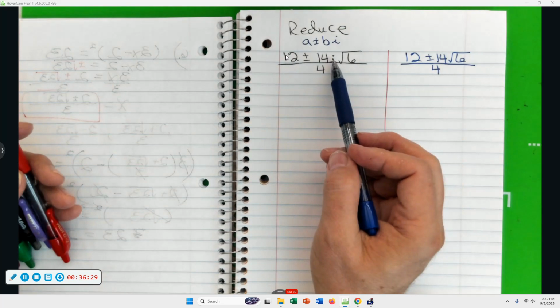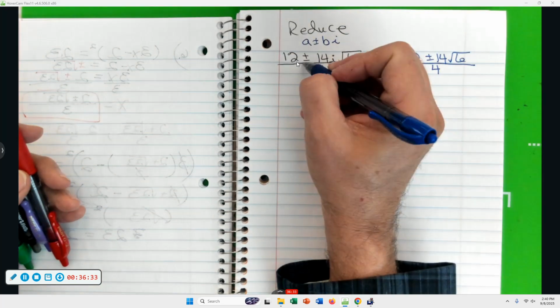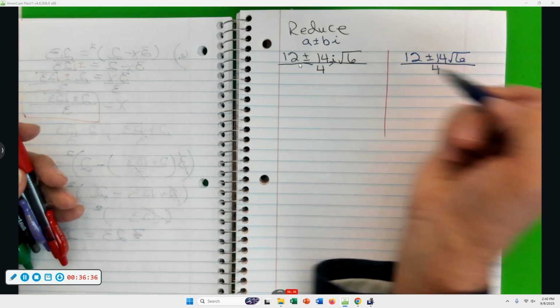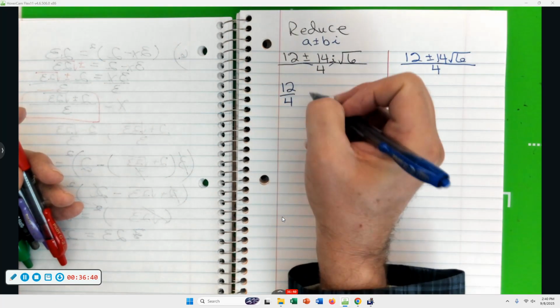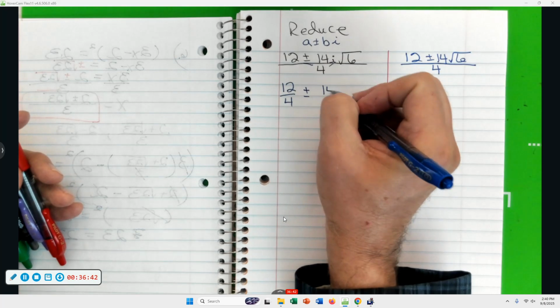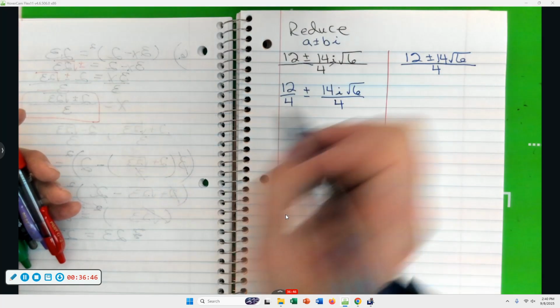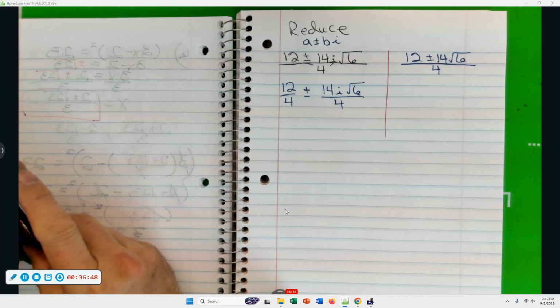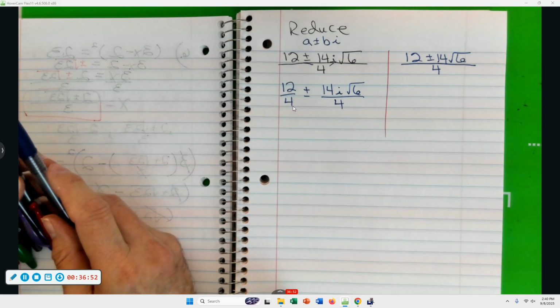So if you have an i on top, you're going to have to split up, put the 12 over the 4, put the 14i square roots of 6 over 4. So you have 12 over 4 plus or minus 14i square roots of 6 over 4. Then you can reduce the fractions individually.